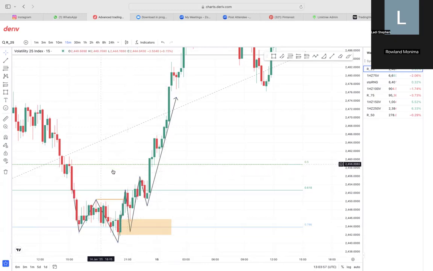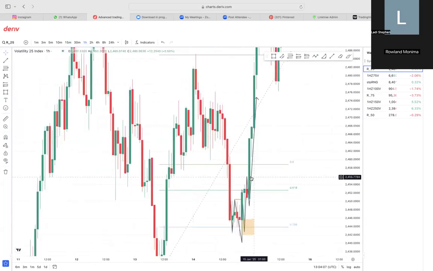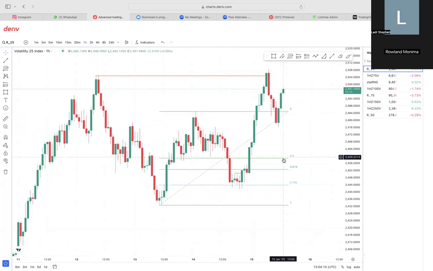So once you have marked out your structure and you have seen this is the current price swing, you draw your fib, your Fibonacci, and say, okay, I will get involved in this market in my discount zone. Once it gets into my discount, first thing you want to watch for.